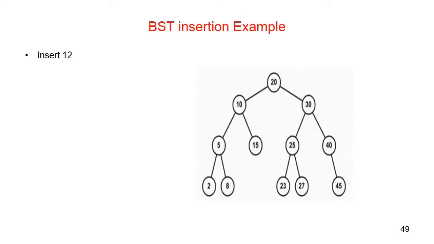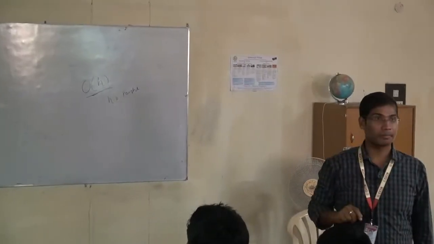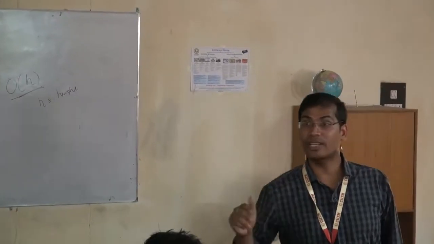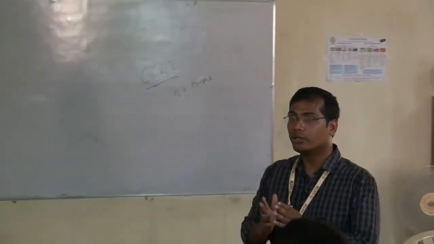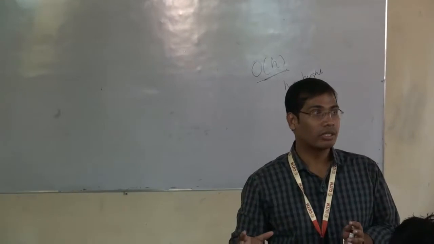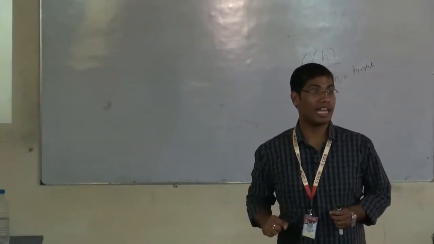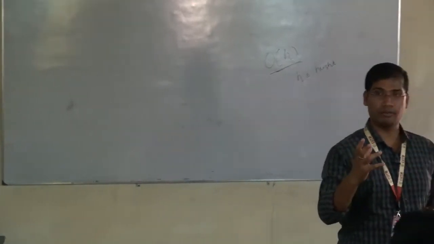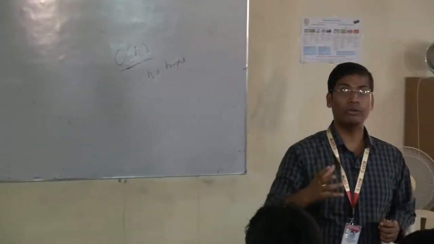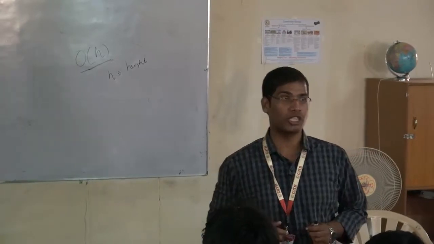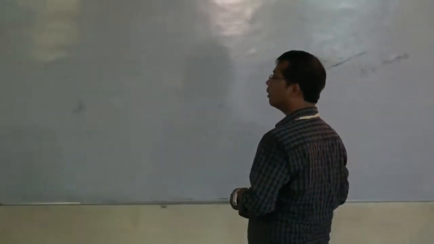What is the problem here? A BST is given, insert 12. Is 12 present? No. So we have to insert it. That means you have to find 12's expected position. Where do we store 12? So where do we start from?